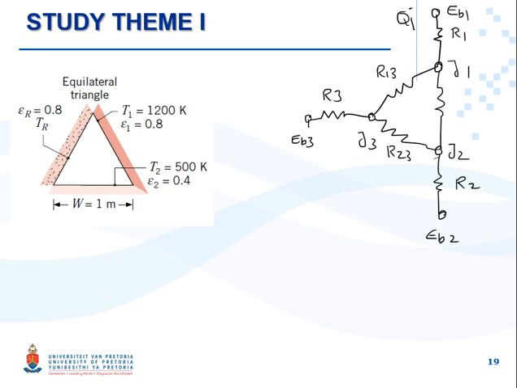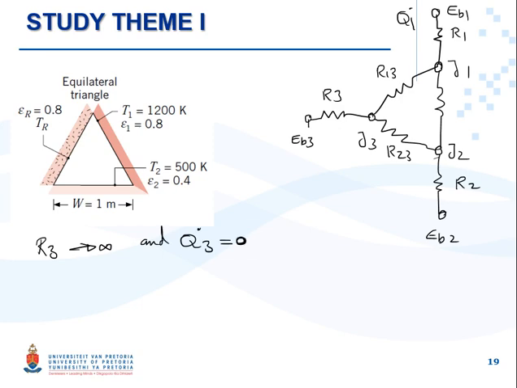The question is saying that surface 3 is well insulated and it is a re-radiating surface. So R3 is going towards infinity, and Q3 is equal to 0.